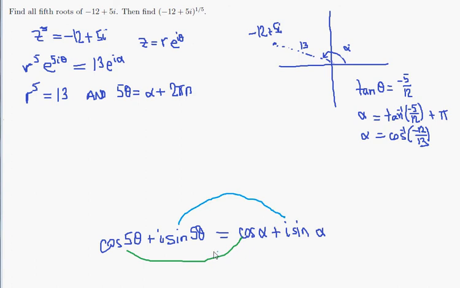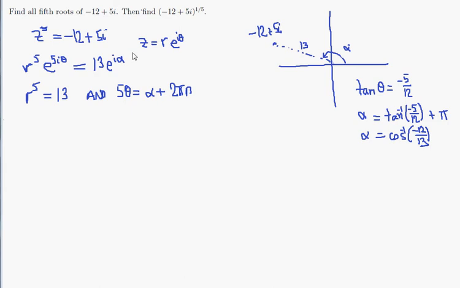That doesn't mean that the angles themselves are going to be equal, but it does mean that the angles are going to have to be coterminal. So 5 theta doesn't necessarily have to be equal to alpha, but the difference between 5 theta and alpha must be some integer multiple of 2 pi. And so that's why we have the expression 5 theta is equal to alpha plus 2 pi n, because 5 theta and alpha must be coterminal.